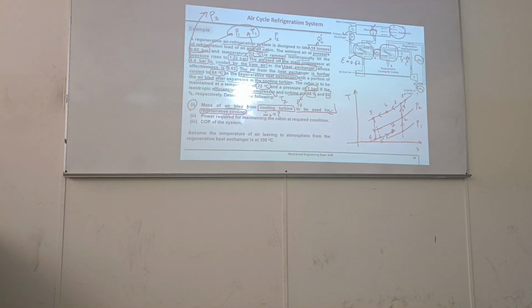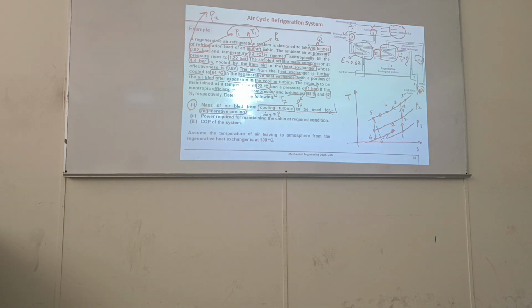So now we need to think about what are the equations which can give us this m dot 2. What about m dot A, the mass of air which is flowing towards the cabin? How we used to calculate m dot A in previous questions?